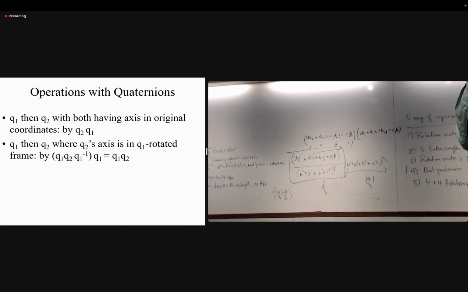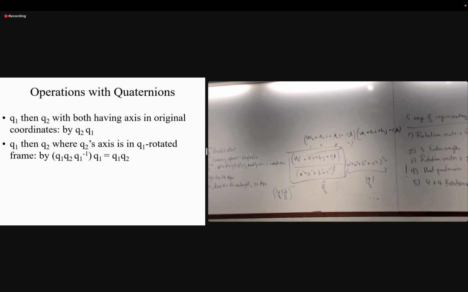This is what we talked about last time, right? And so we would expect that if you have 2 rotations where the axis is the same, simple multiplication of quaternions, which is simply an application of the composition, should work, and it does.